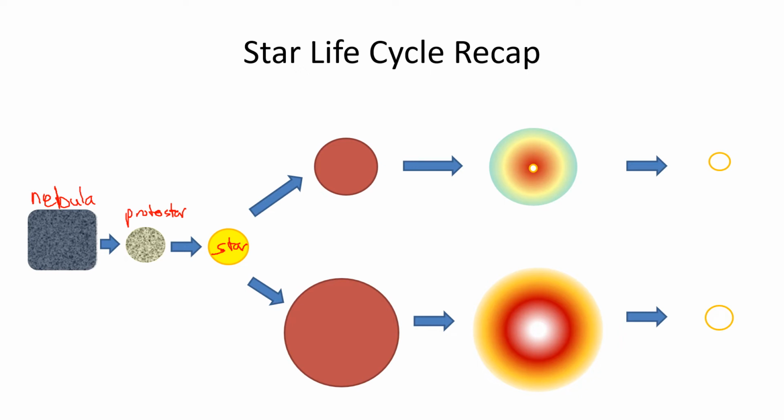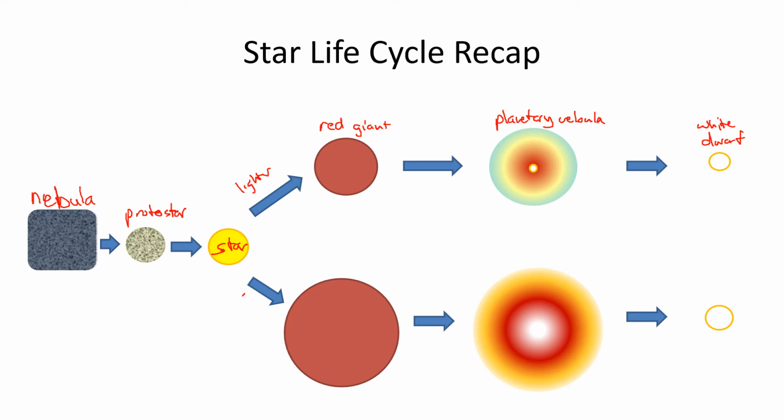And then if it's a lighter star, like less than 20 solar masses, that sort of thing, as it goes through its life cycle, eventually it'll get to the red giant phase, where the outer layers float away and the center collapses. And then you'll have a planetary nebula, and then you'll eventually end up with a white dwarf.